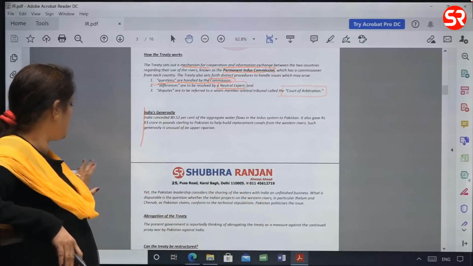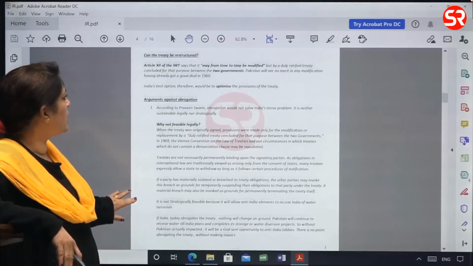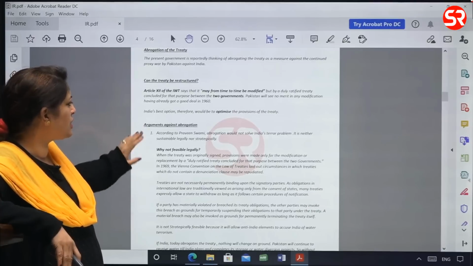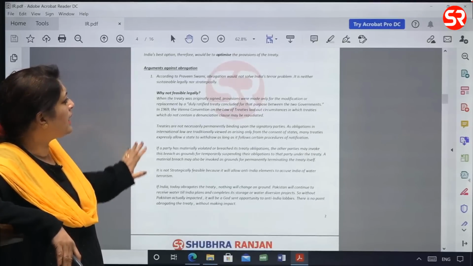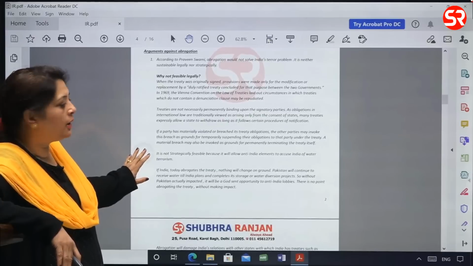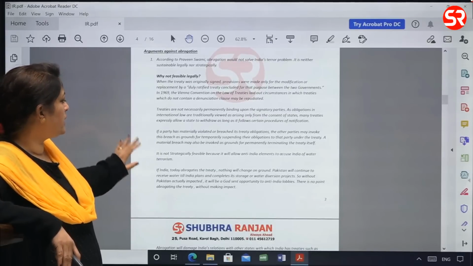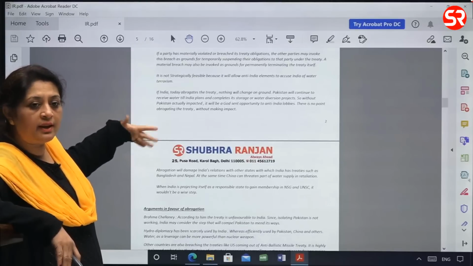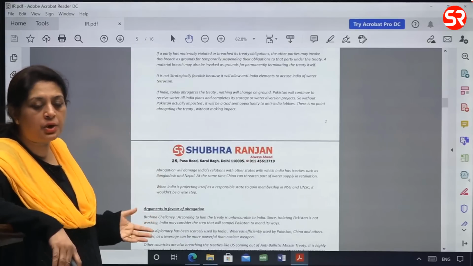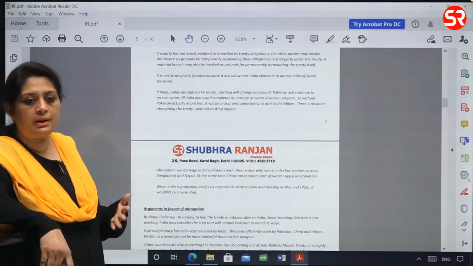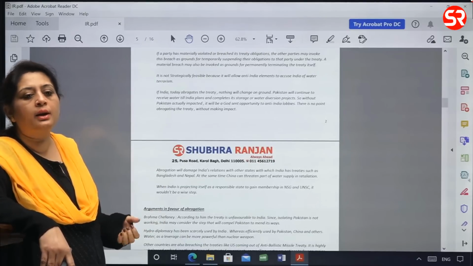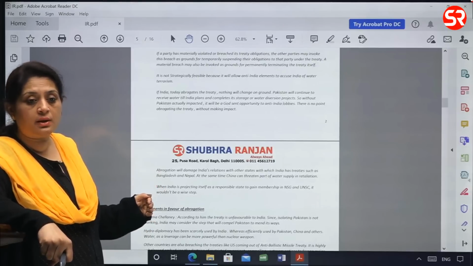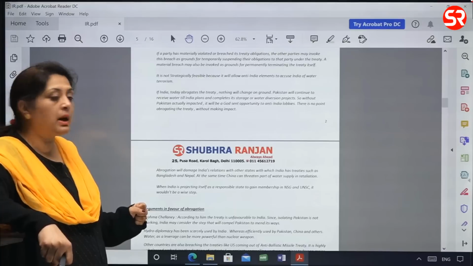So, India's generosity, abrogation of the treaty. Can the treaty be restructured? No, but there are arguments. Some people believe that no, it is not difficult, and this will create a wrong impression because the common man in Pakistan will be affected. This will further increase the trust deficit between India and Pakistan.